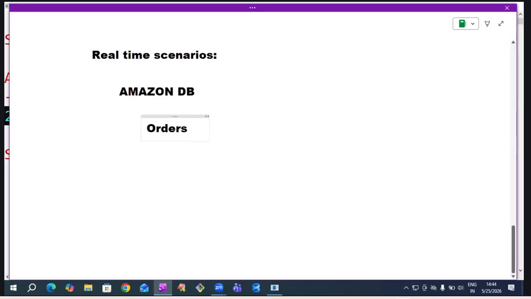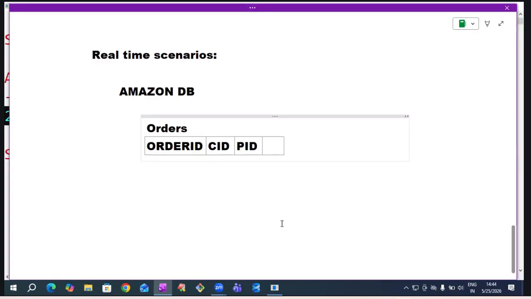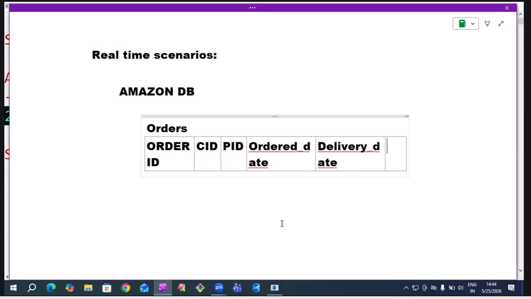So when you place order in the orders table, it maintains order details. Which customer ordered, which product ordered, how much quantity, product ordered date, when they want to deliver it, delivery date, like this, etc.